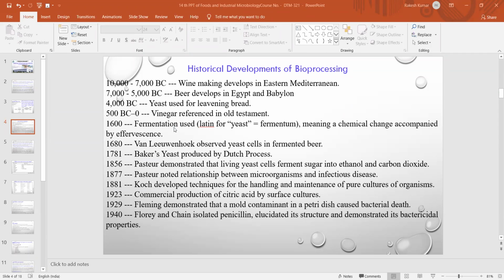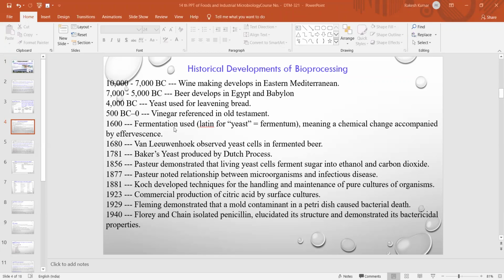in the world. In 1680, Van Leeuwenhoek was the man who observed yeast cells in fermented beer. Then Baker's yeast produced by the Dutch process was introduced in the year 1781. Pasteur, one of the well-known scientists in the field of microbiology, established a relationship between microorganisms and infectious diseases in 1877.